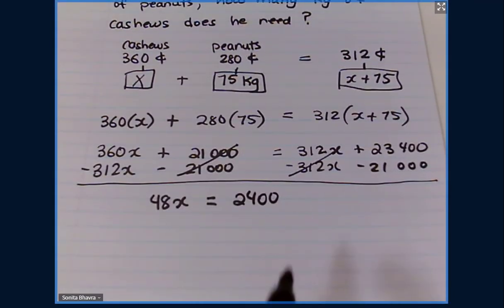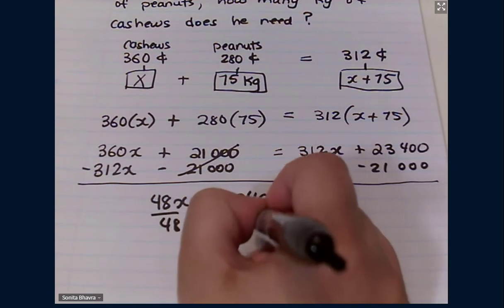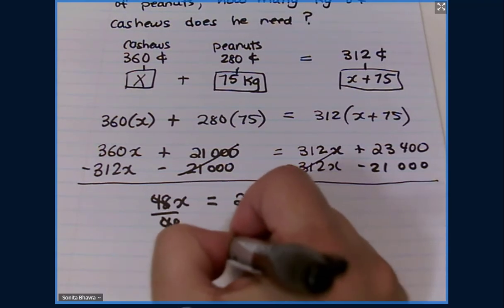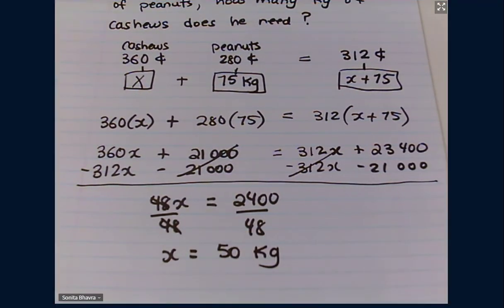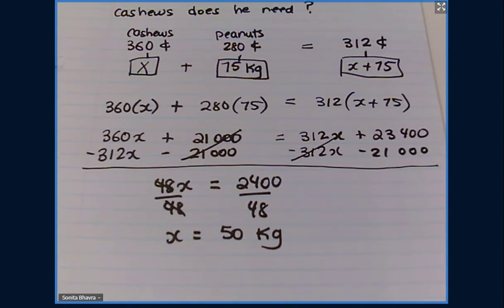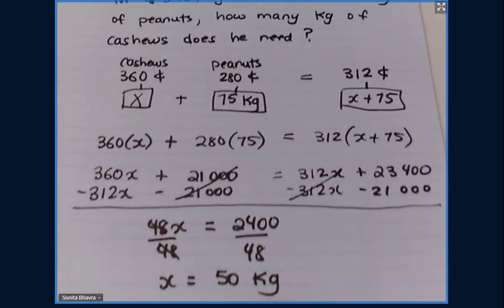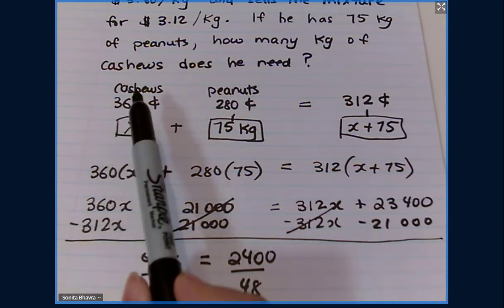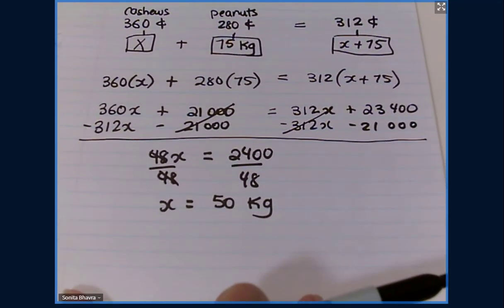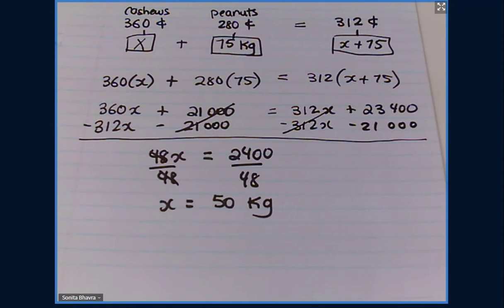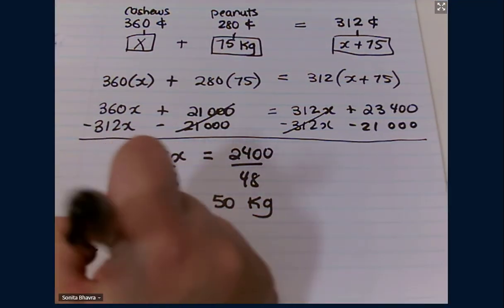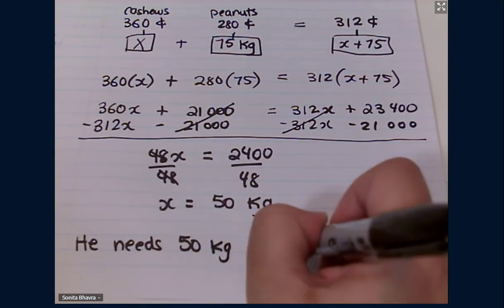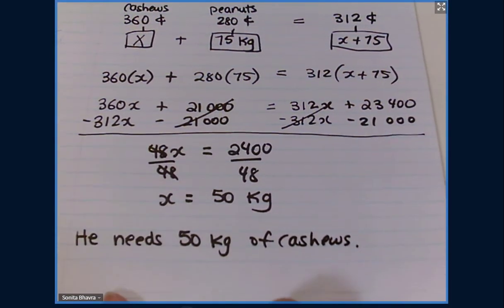And then just divide by 48 on both sides. And we get X is equal to 50 kilograms. Going back to our question, how many kilograms of cashews does he need? Our X value is for cashews, so therefore he needs 50 kilograms of cashews.